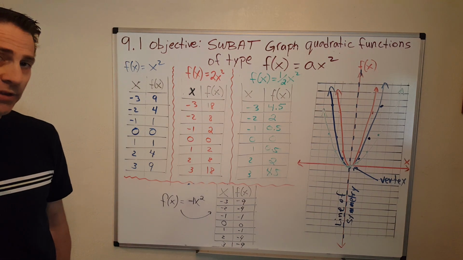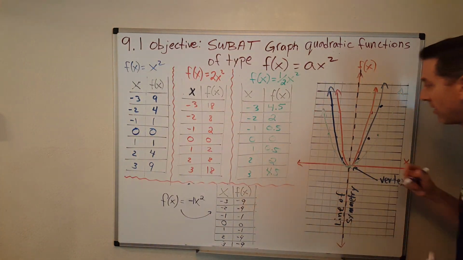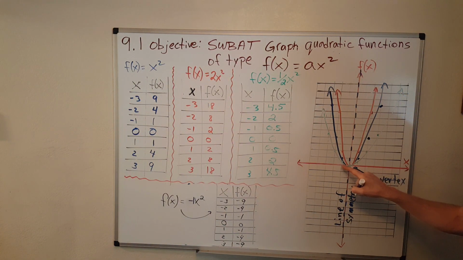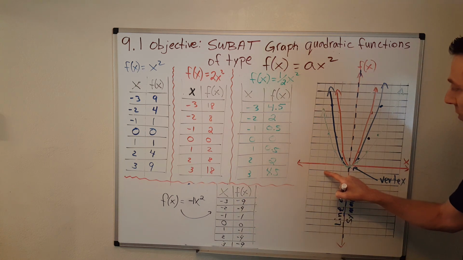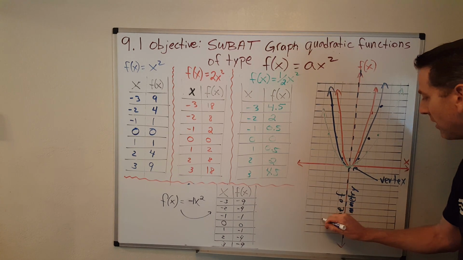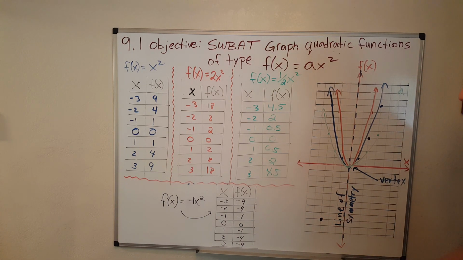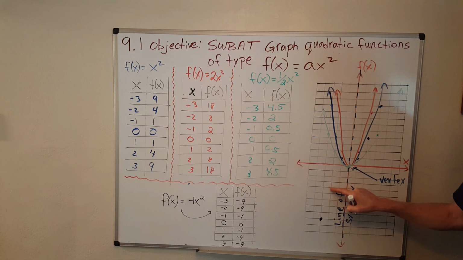Now let's graph this. I have x equals -3, and f of x equals -9: 1, 2, 3, 4, 5, 6, 7, 8, 9. Now coming down here, at x equals -2, f of x equals -4: 1, 2, 3, 4.